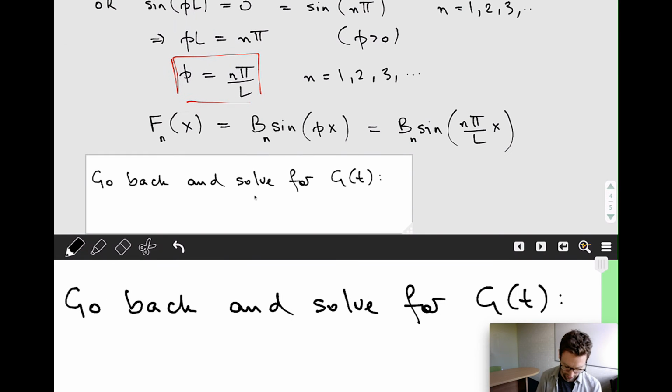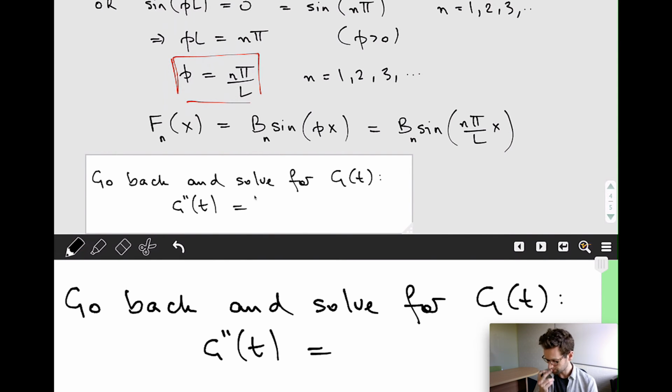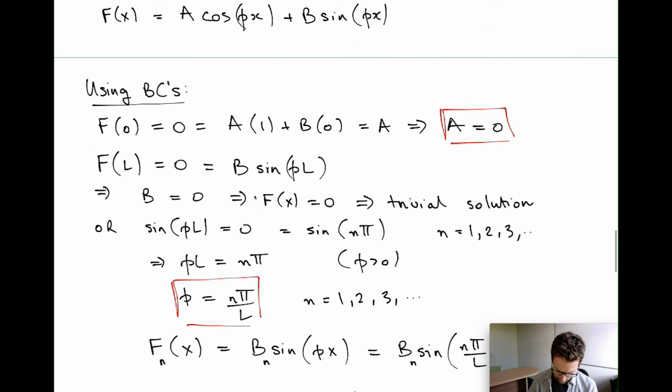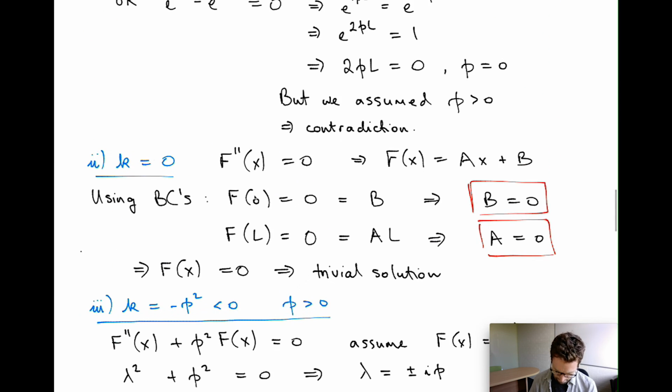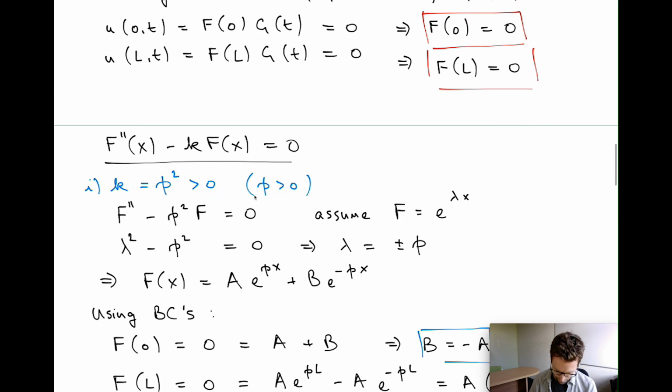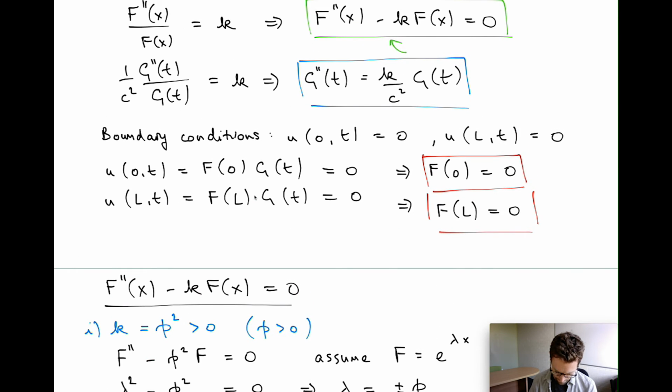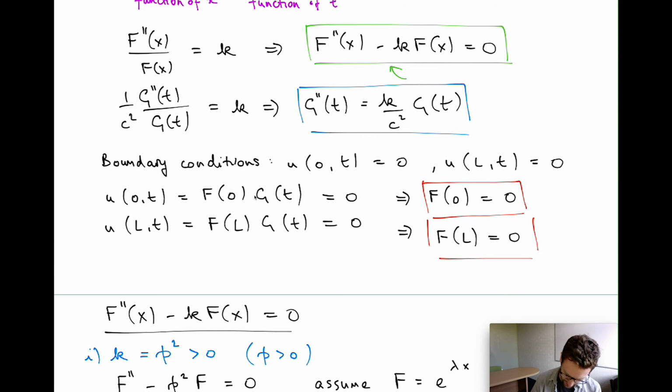Let's remind ourselves what the equation was. We had g double prime of t is equal to... scroll back up here. So I see a little mistake that I made here.